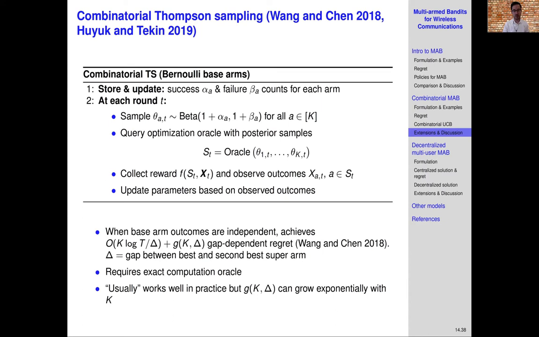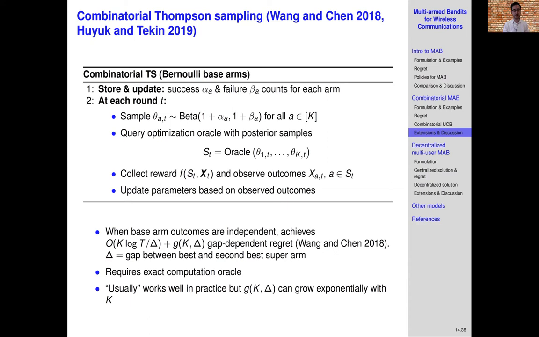When base arm outcomes are independent, it is known that combinatorial Thompson sampling achieves a gap-dependent regret that increases logarithmically over time. However, its regret bounds hold under the assumption that the computation oracle is an exact oracle.